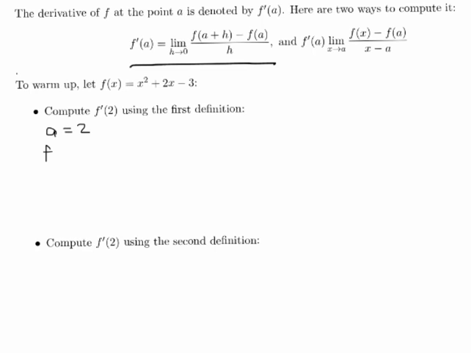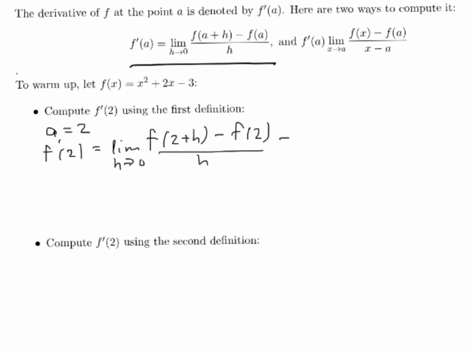So f prime of 2 equals the limit as h approaches 0 of f of 2 plus h. That means I need to evaluate my function at the value 2 plus h, minus f of 2, all over h. So now I'm going to use the definition of the function here.